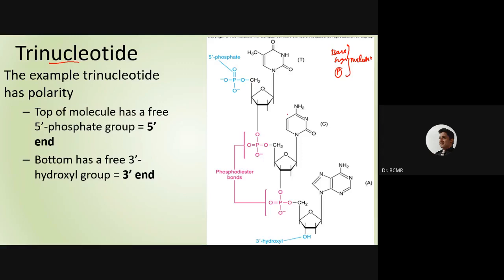And if you have 3 of those, then you call them a trinucleotide. So I will try to draw. This is one nucleotide, what you're seeing here. And this is another nucleotide. This is the second one, and the last, third one.